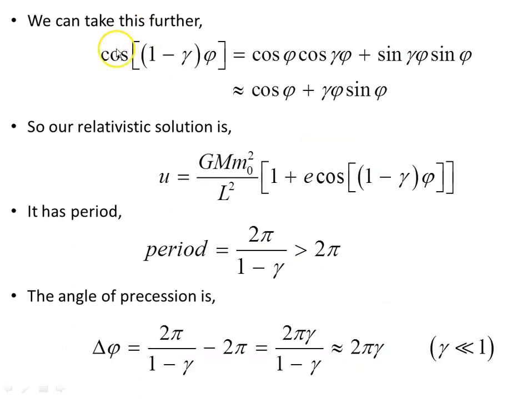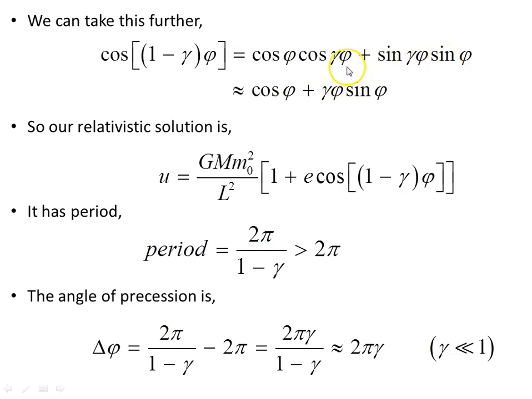Alright, we can take this further and use the difference of angles formula, and we have cos of 1 minus gamma times phi is cos phi cos gamma phi plus sine gamma phi sine phi.